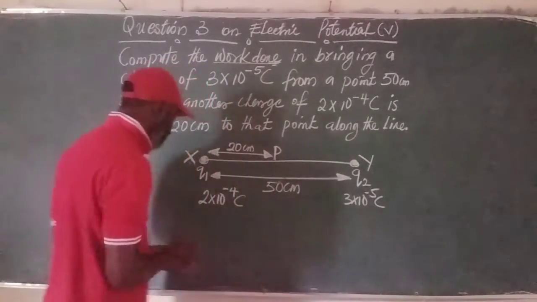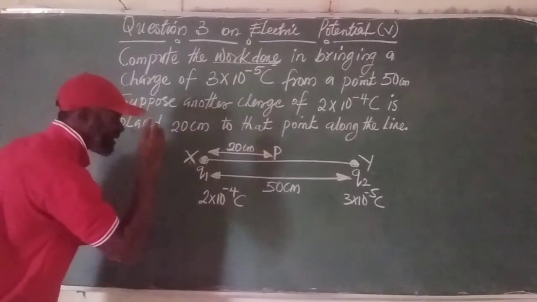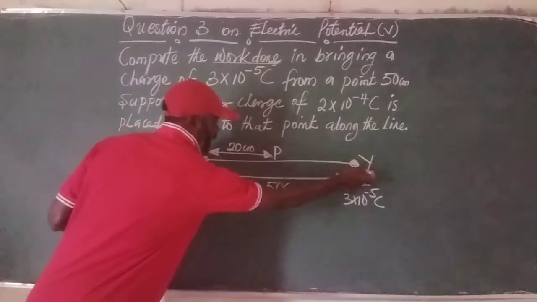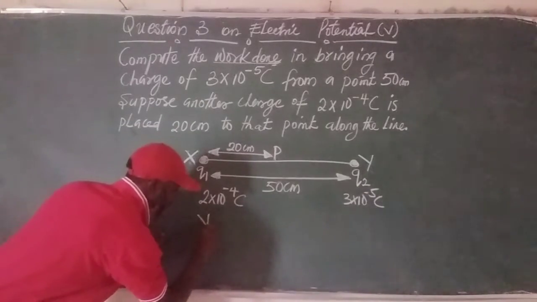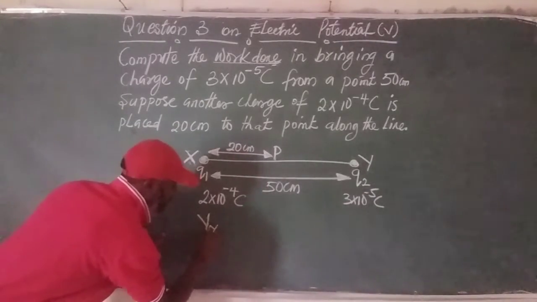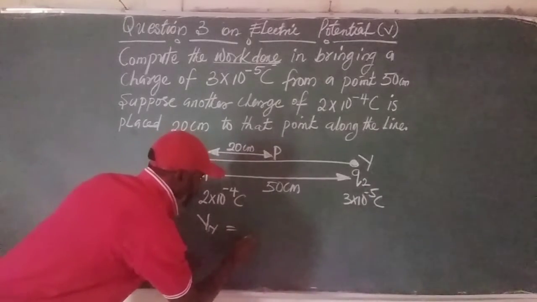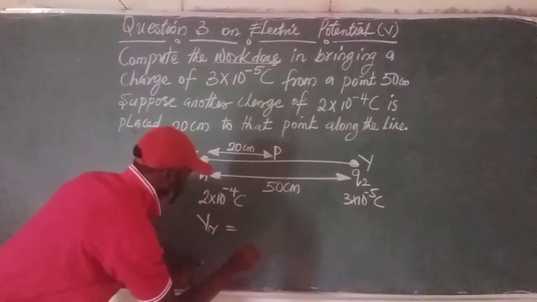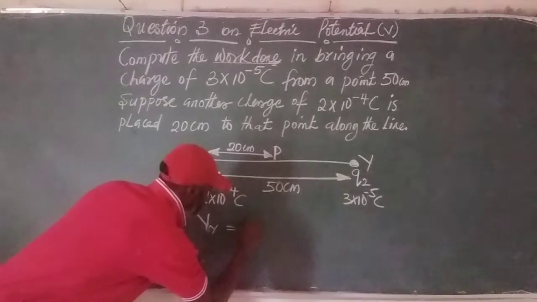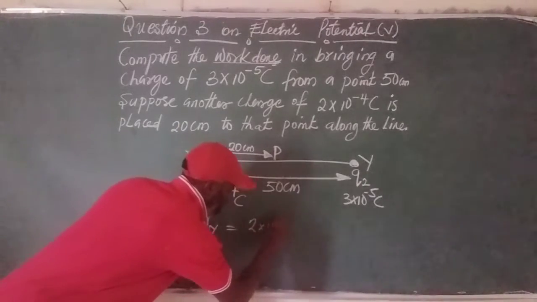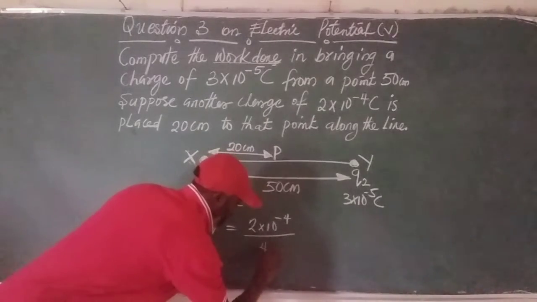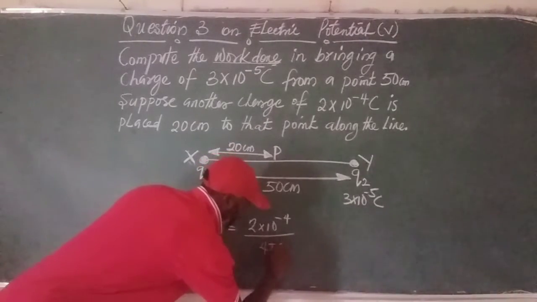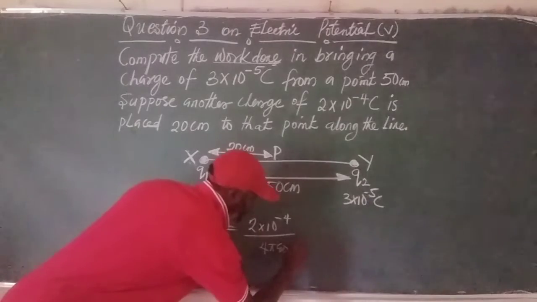So let's go. Potential at Y, that is Vy. Vy is given as 2 times 10 raised to the power minus 4 all over 4 pi epsilon naught r squared.